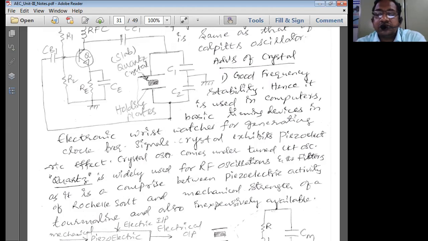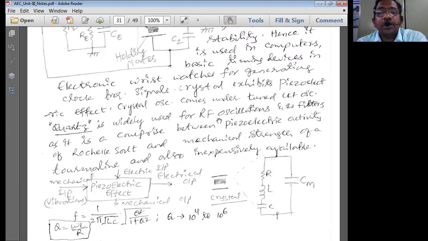We use this type of oscillator in microprocessor circuits, that means to give the clock signal to the microprocessor, and also in computers and wristwatches.